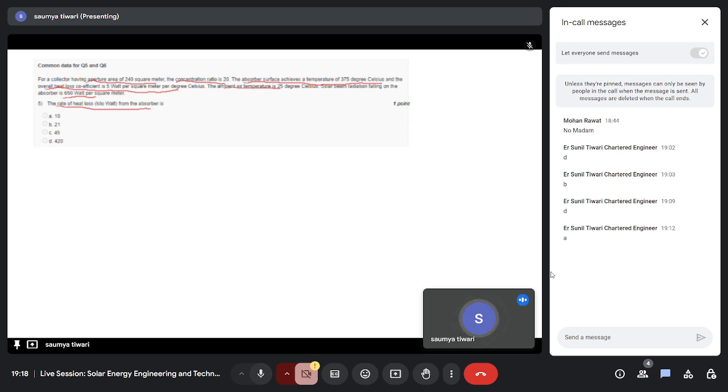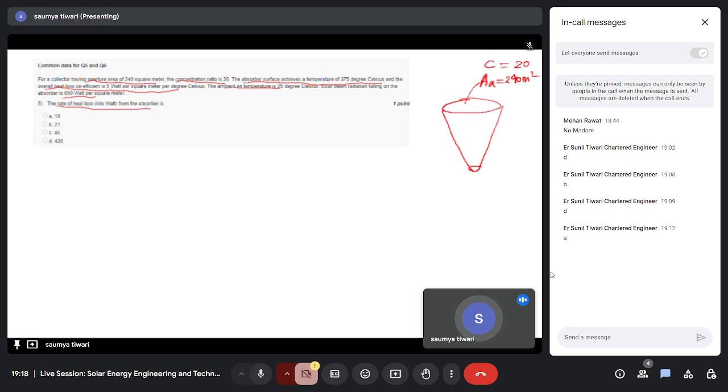Well, let's see this question also. What's given in the question is, for a collector having an aperture area of 240 meter square, the concentration ratio is given 20.